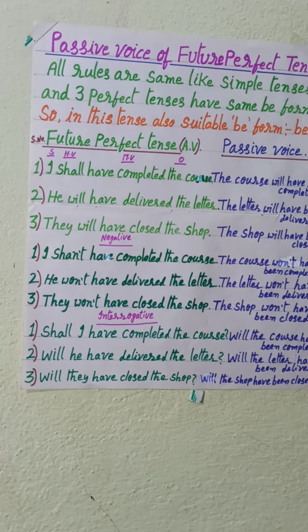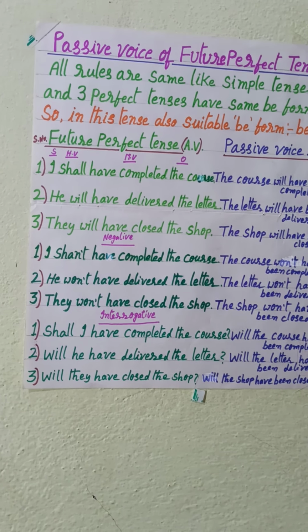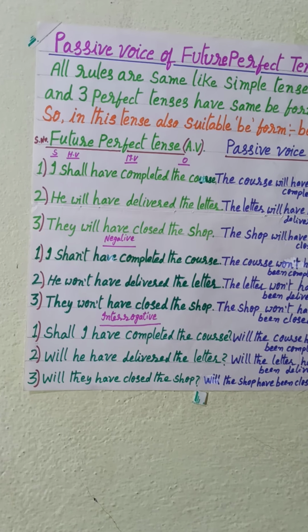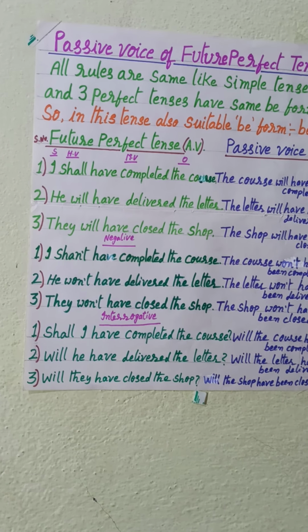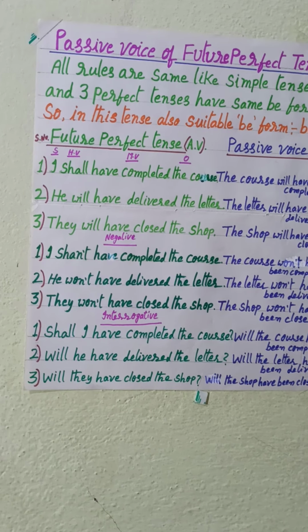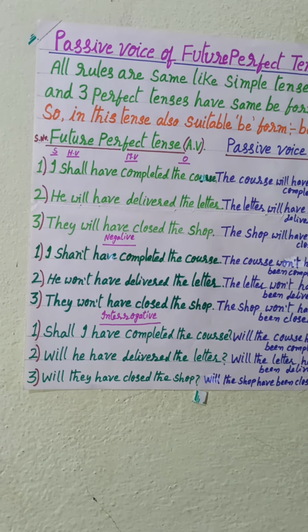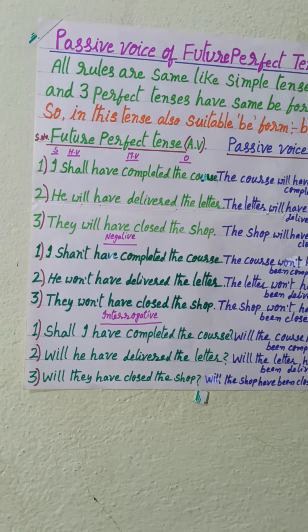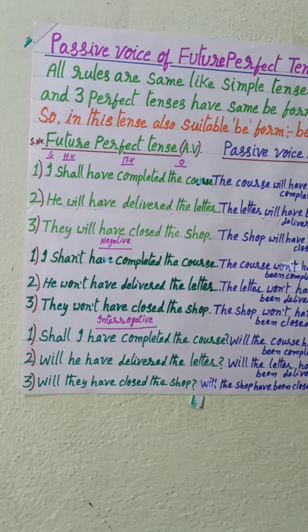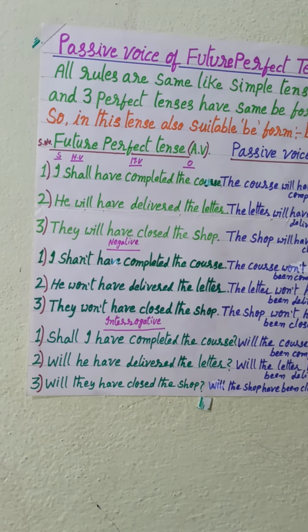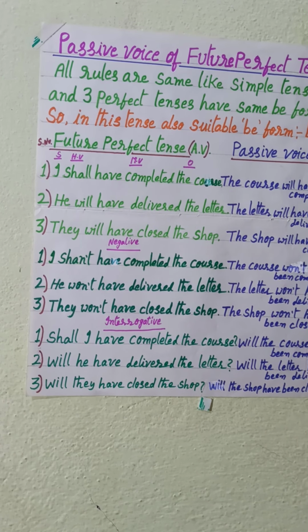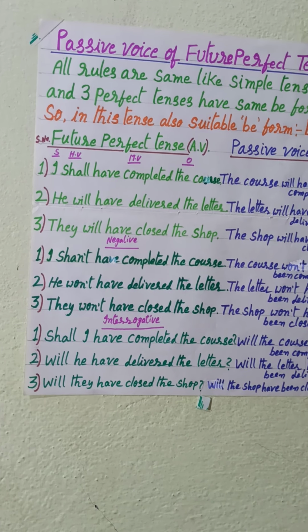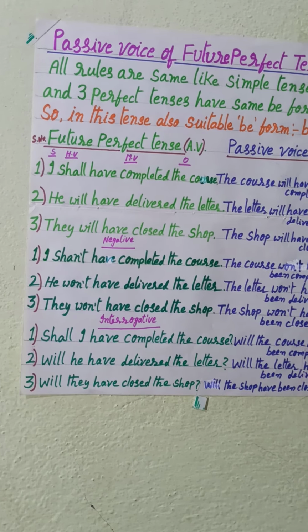Here have plus past participle, that is have completed. The course is the object.